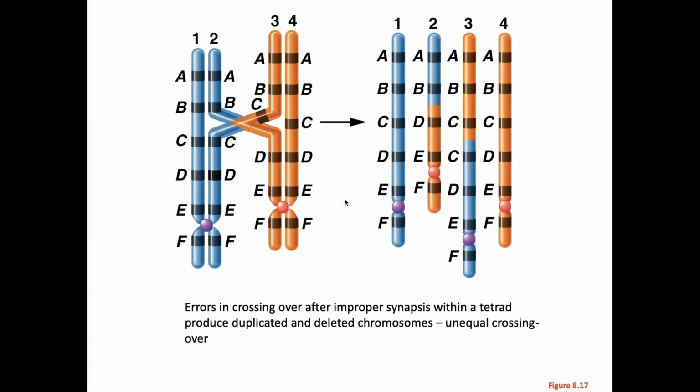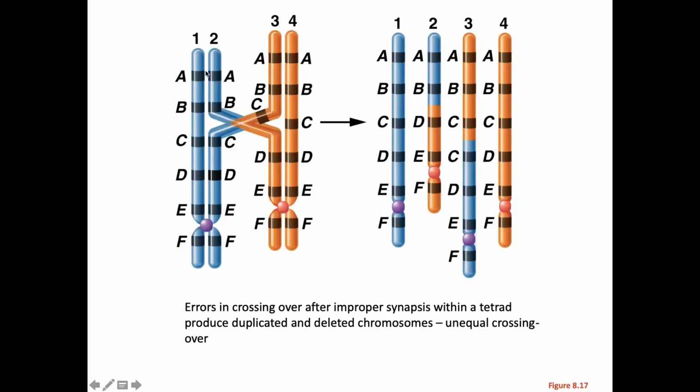So what goes wrong during meiosis to give rise to a deleted chromosome? It's recombination errors again. What's supposed to happen during prophase 1 is replicated homologous chromosomes pair up with each other to form a tetrad. The alignment is supposed to be that homologous regions of each chromosome within the tetrad pair up with each other.